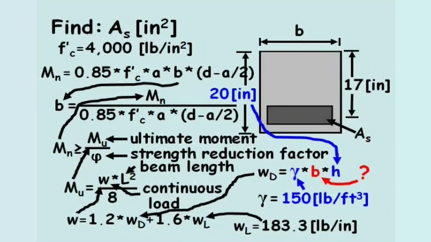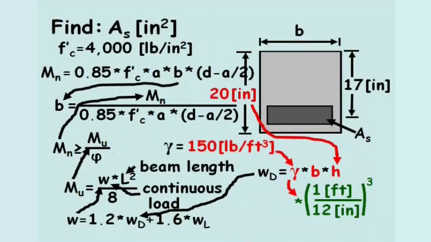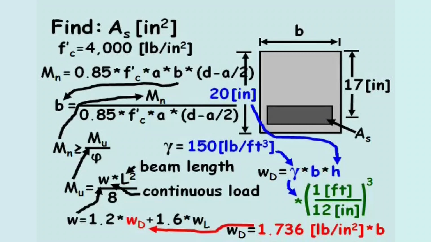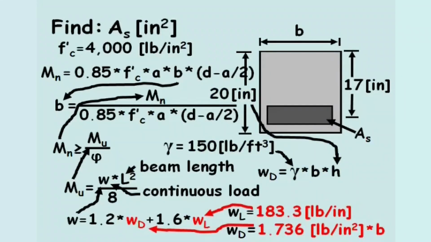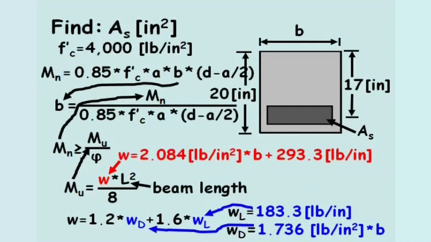If we divide this product by 12 inches per foot, quantity cubed, then the dead continuous load, WD, equals 1.736 pounds per inch squared times the beam width, B. This makes the continuous load on the beam equal to 2.084 pounds per inch squared times B plus 293.3 pounds per inch.